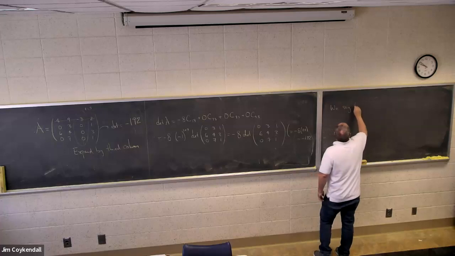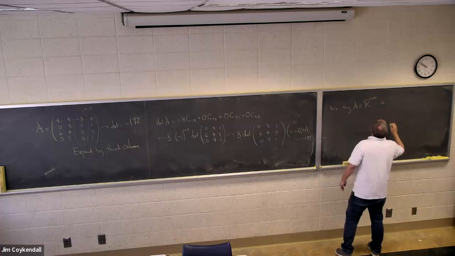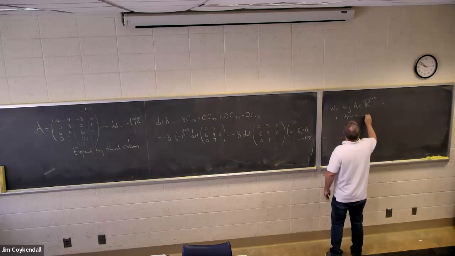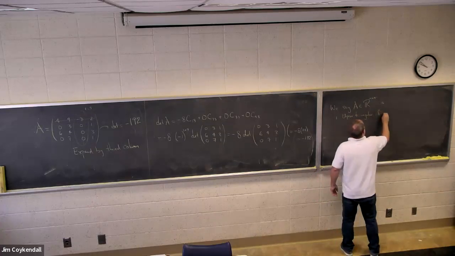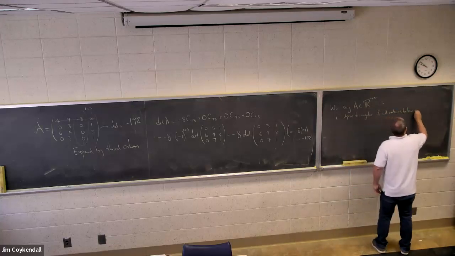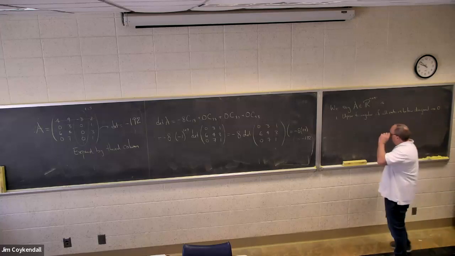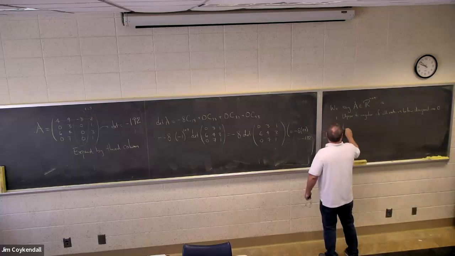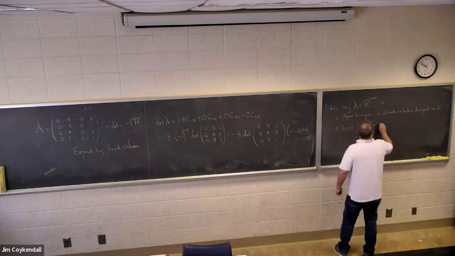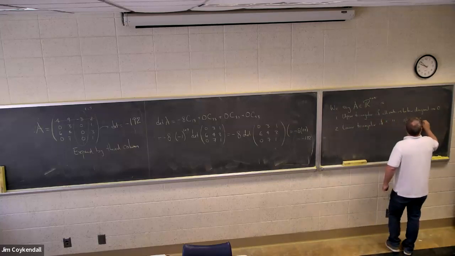We say A is upper triangular if all entries below the diagonal are 0. And lower triangular if all entries above the diagonal are 0.